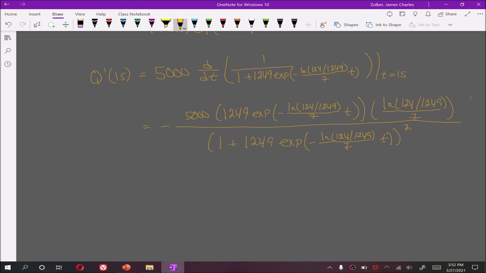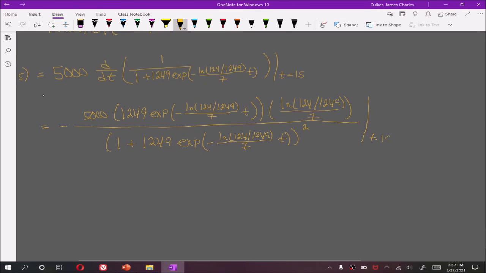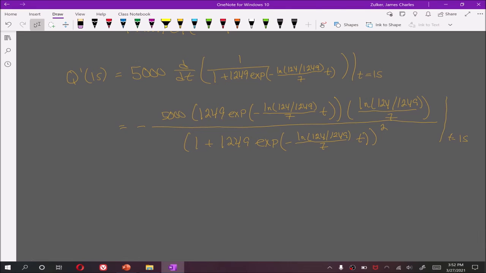Now, we just have to evaluate this at t equals 15. Right, plugging that into a calculator, we find it's about 150 soldiers per day. So after the 15th day, the flu is spreading to an additional 150 soldiers per day.